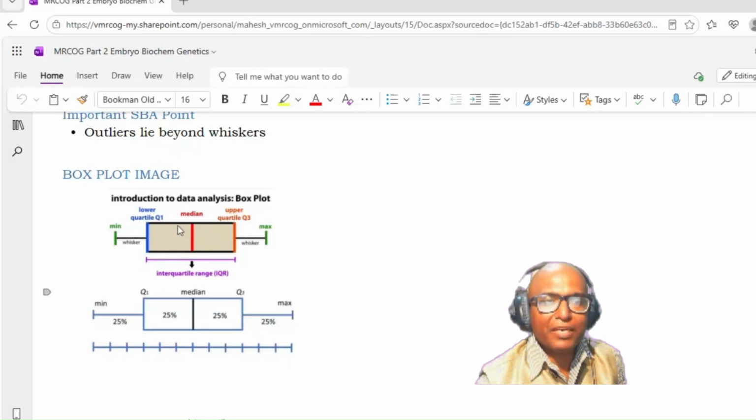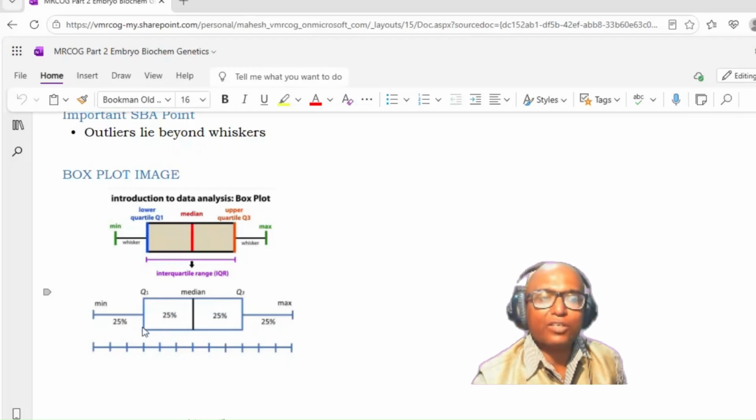One may be small, one may be large also. Here is the division into 4 quartiles, and each quartile will have 25% of the observations. The middle 50% of the observations around the mean come in the interquartile range, and the outliers will be beyond the whisker.